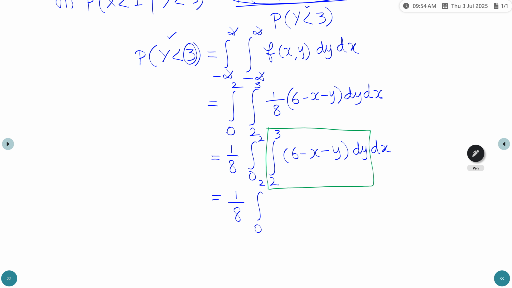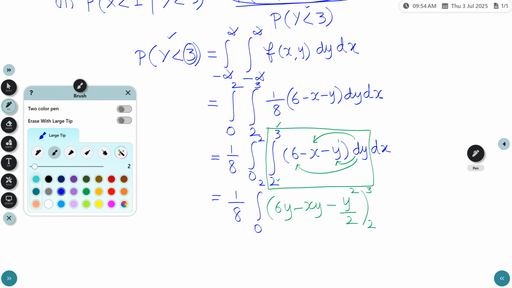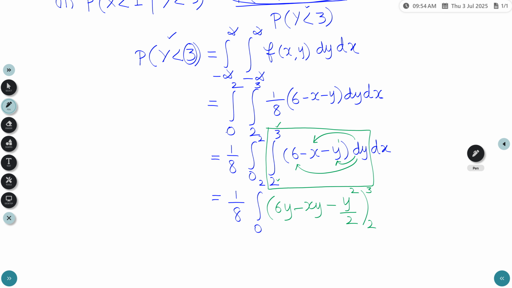So that is 6 into dy, 6y, minus x into dy, minus xy, minus y dy, that is minus y to the power 1, meaning 1 plus 1, that is 2, by 2. The upper limit is 3, the lower limit is 2, into dx.